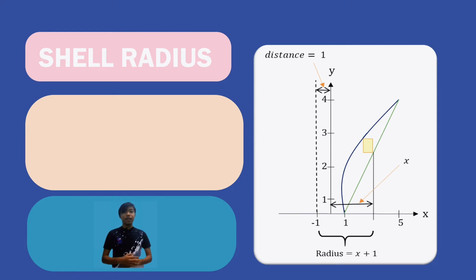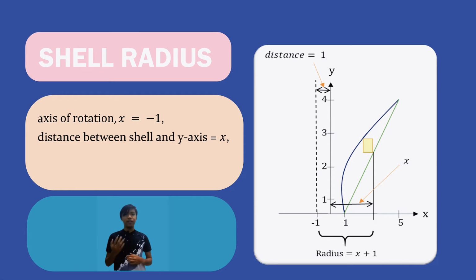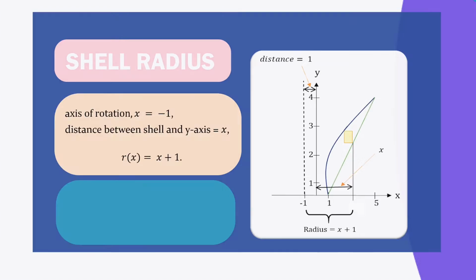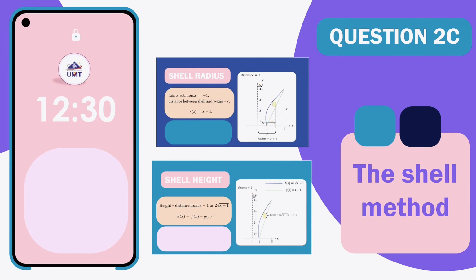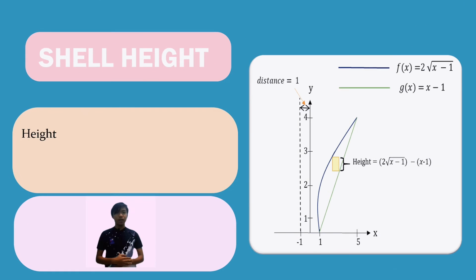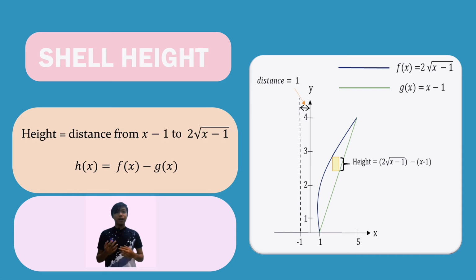From the equation, the axis of rotation is x equals -1, so the shell radius is going to be x plus 1, since the axis of rotation and the y-axis have a distance of 1. For the shell height, we have to find the difference f(x) minus g(x), which is (x minus 1) minus g(x), which is x minus 1.